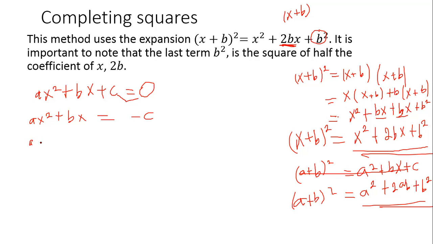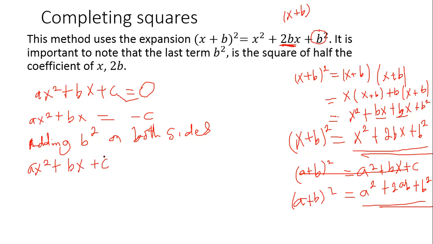And what some books have, one of the procedures here is that they add b squared here on both sides, adding b squared to complete squares, so that the equation becomes what? Complete. So it will become ax squared plus bx plus b squared is equal to negative c plus b squared.